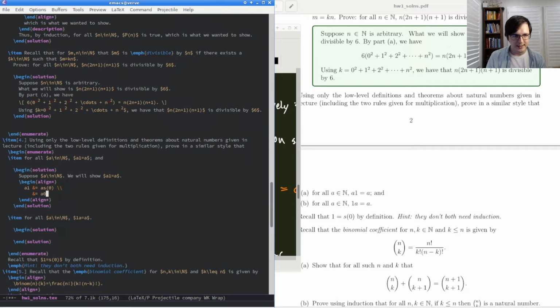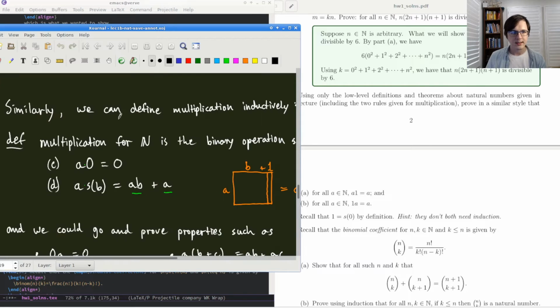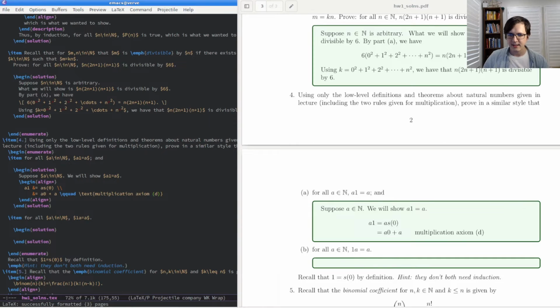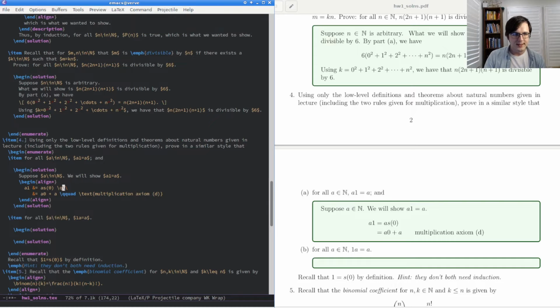I'll give the reason, and this is d. Should I clarify what that d means? Yeah, I'll just say that. Let's see how that looks. And also, I'll say that this is by definition of 1.